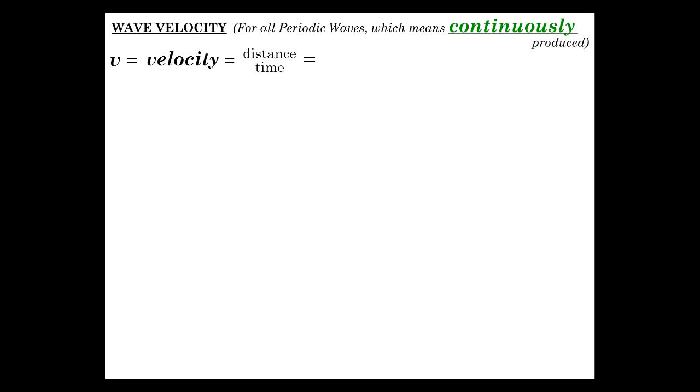Same idea here, but the distance is for one cycle or oscillation. So d over t is the wavelength over the period, denoted as lambda over capital T. So that's the velocity.